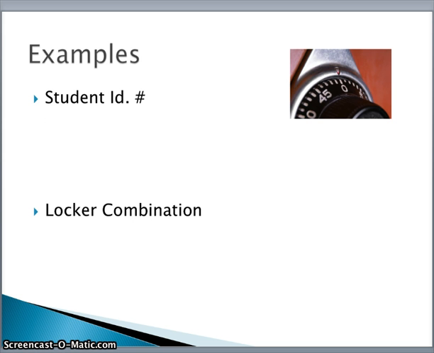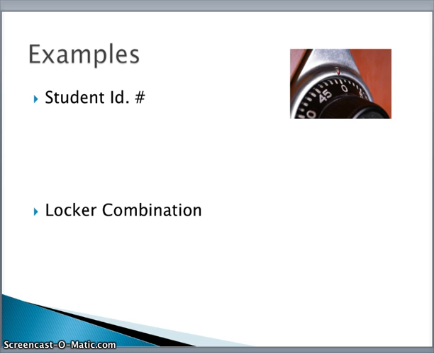Here's a couple examples. We are looking to find the probability for guessing your student ID number and locker combination. To start off, we have to think about what we want. We have to calculate the total number of IDs there are. The number is 5 digits long, and each digit can be 0 to 9. So there are 10 possible numbers for each of the 5 digits.